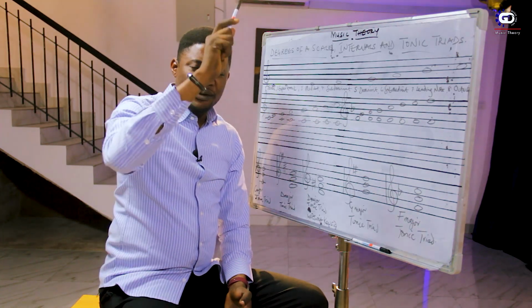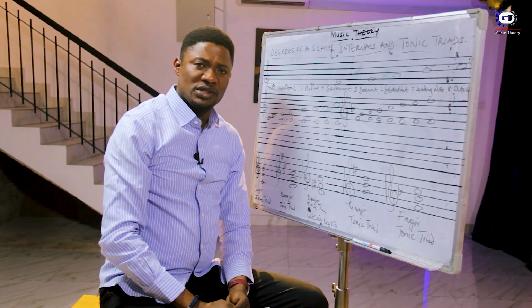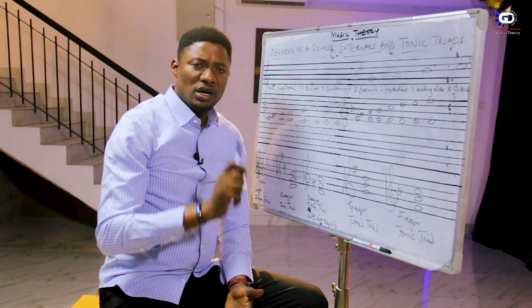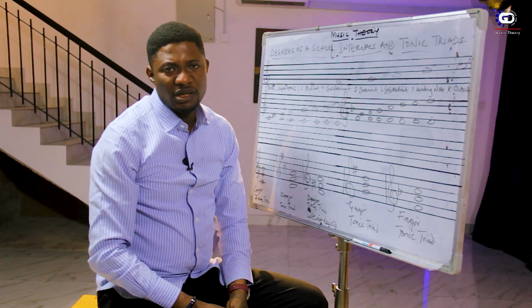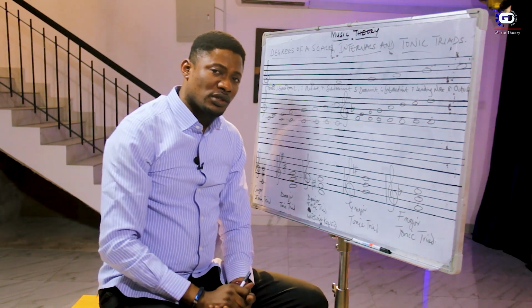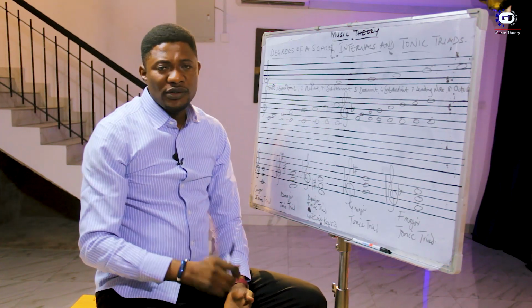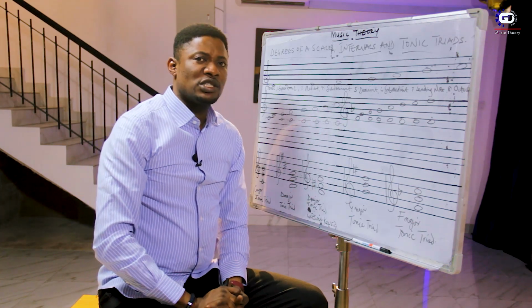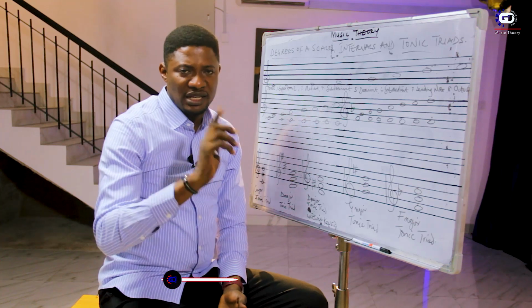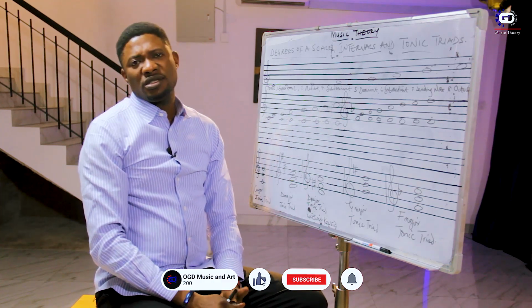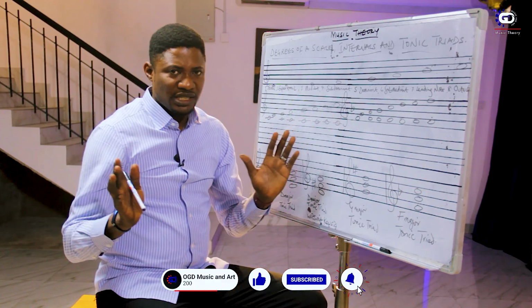So far, you know that every first note of any of your scales is tonic. All the second notes of your scale is supertonic. Third note of your scale is mediant. The fourth note of the scale is subdominant. The fifth is dominant. Sixth is submediant. The seventh is leading note, and the last one, the eighth, is octave. I'm sure this is very clear, right?